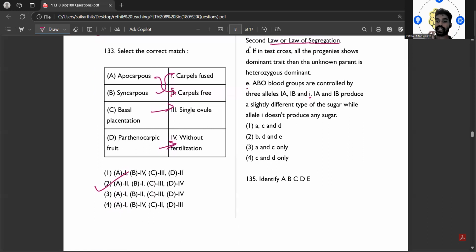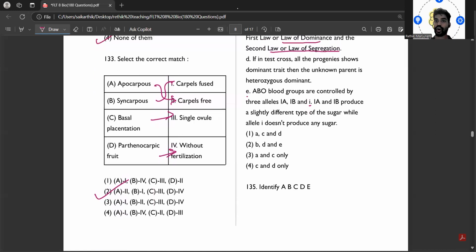And the next: if in a test cross all the progeny show dominant traits, then what is the unknown parent? It is not heterozygous dominant. Rather, it will be homozygous dominant, right?